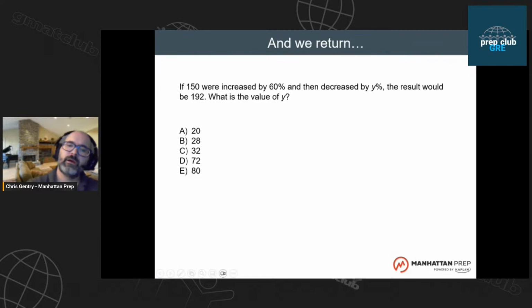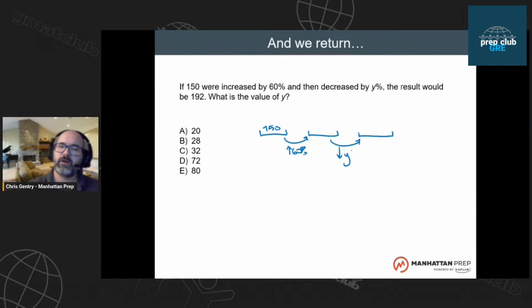Here, I have a problem where I have 3 stages of a number. I start with 150. I'm going to increase that by 60%. And then I'm going to decrease that result by Y%.